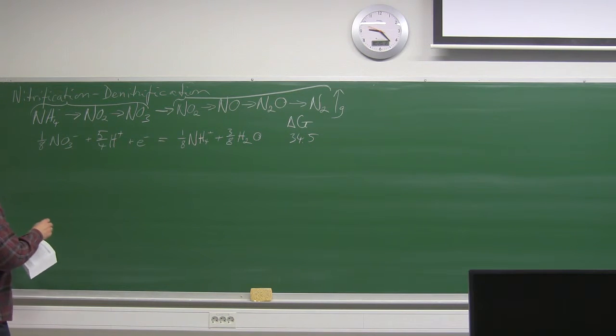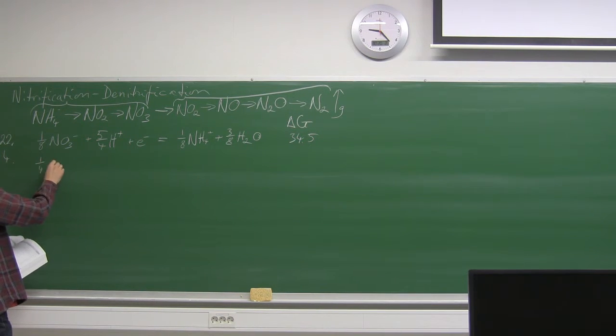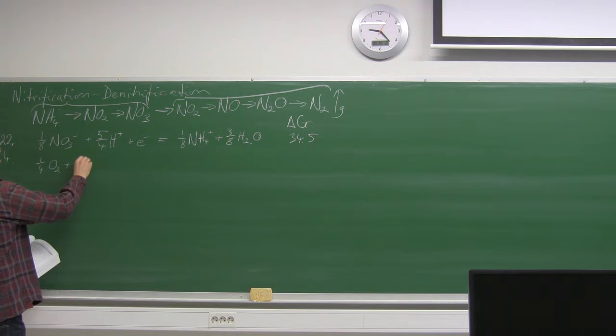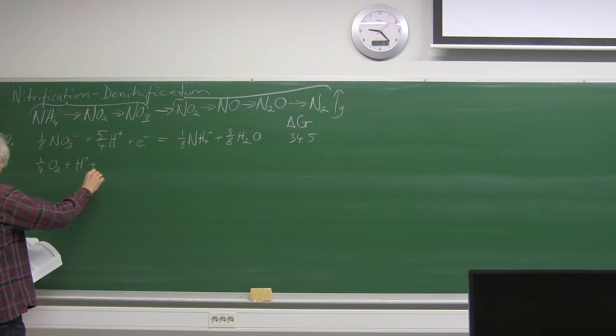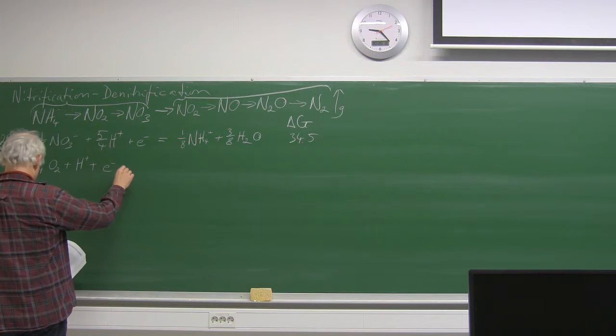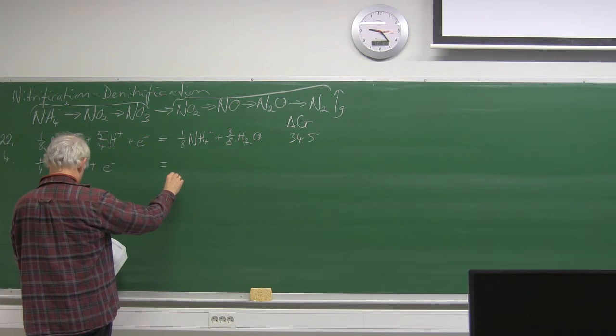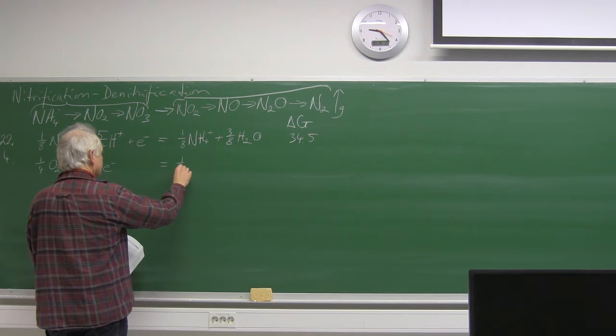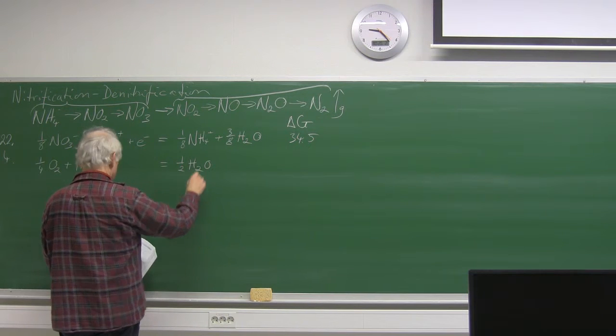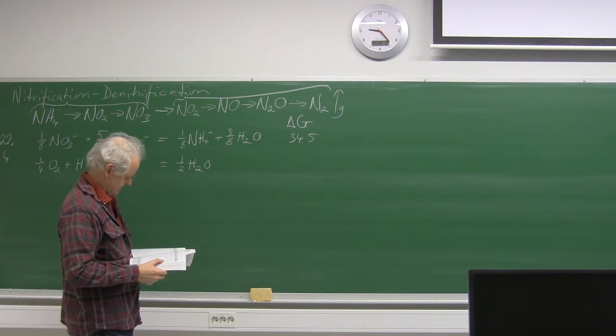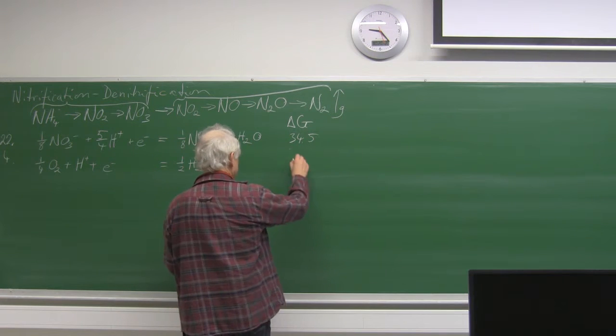So if we say it's number 4, okay, this was 22, and then we have number 4 there, and number 4 says 1/4 O2 plus H+ plus e- equal to 1/2 H2O. And we have a delta G of 78.14.